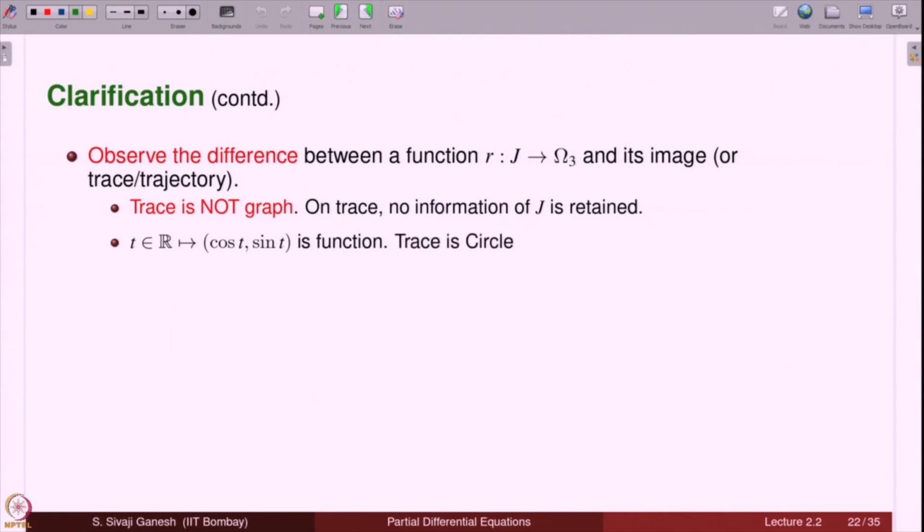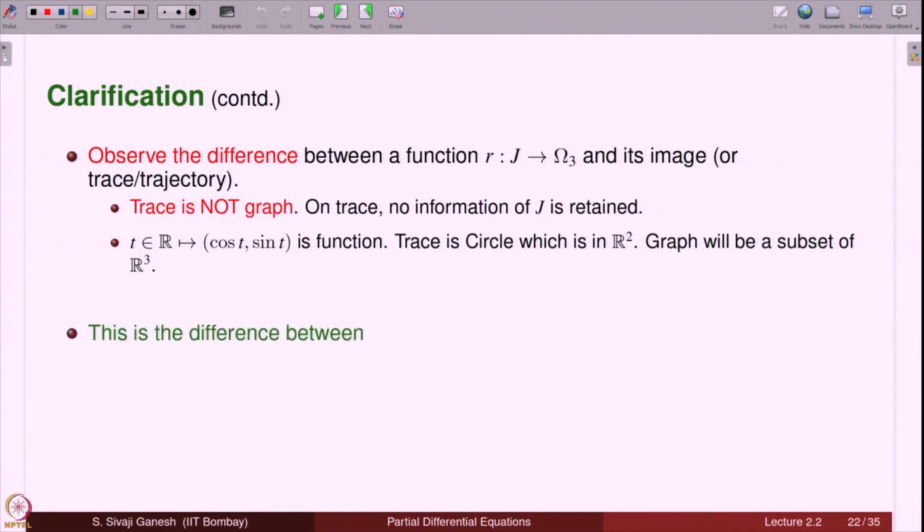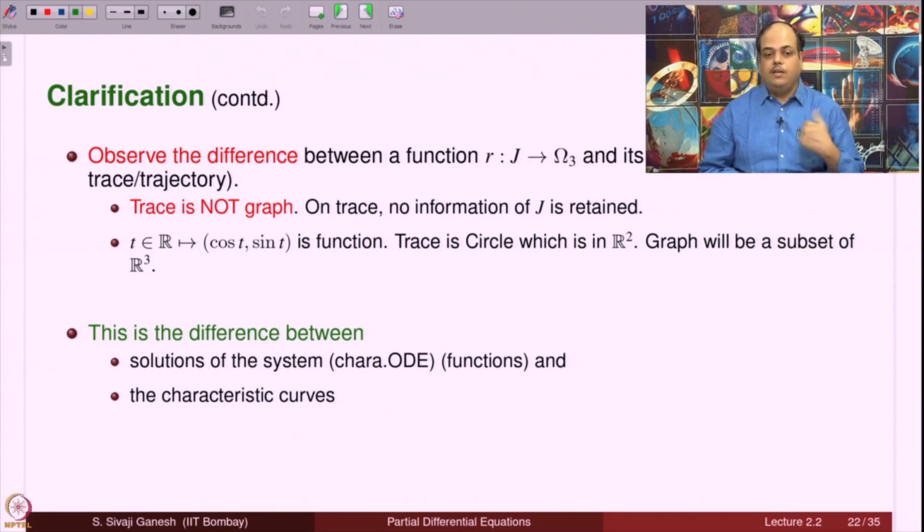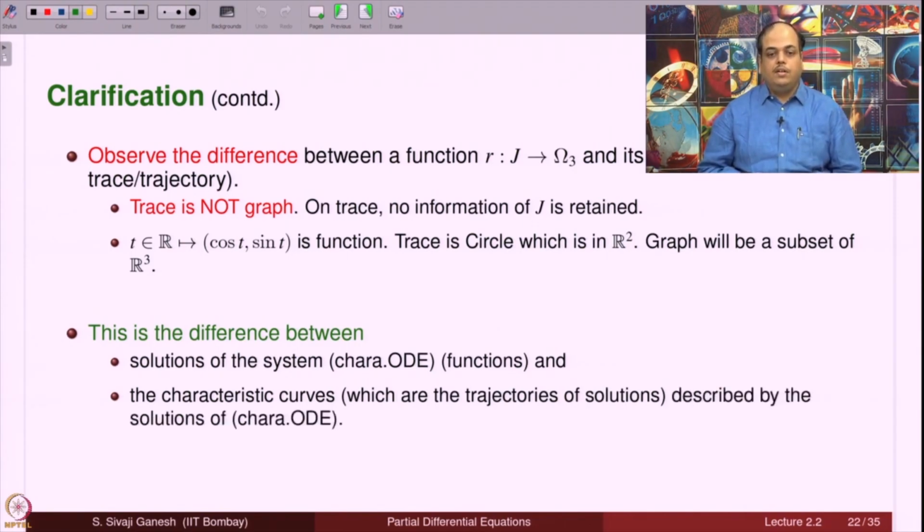The trace is a circle, that means the set of all (cos t, sin t) as t varies, this is a circle which is in R2. The graph will be a subset of R3, it will look like (t, cos t, sin t), that is not a circle. So, this is the difference between solutions of the system Chara ODE and the characteristic curves, which are images, or traces, or trajectories of the solutions described by solutions of the Chara ODE.